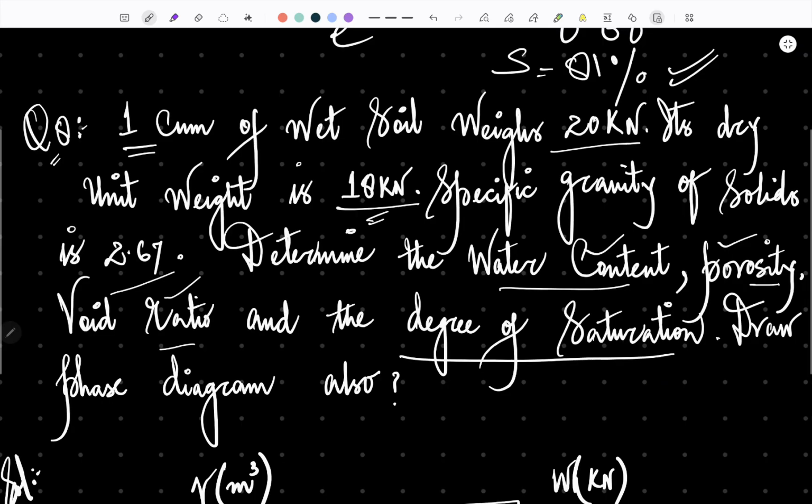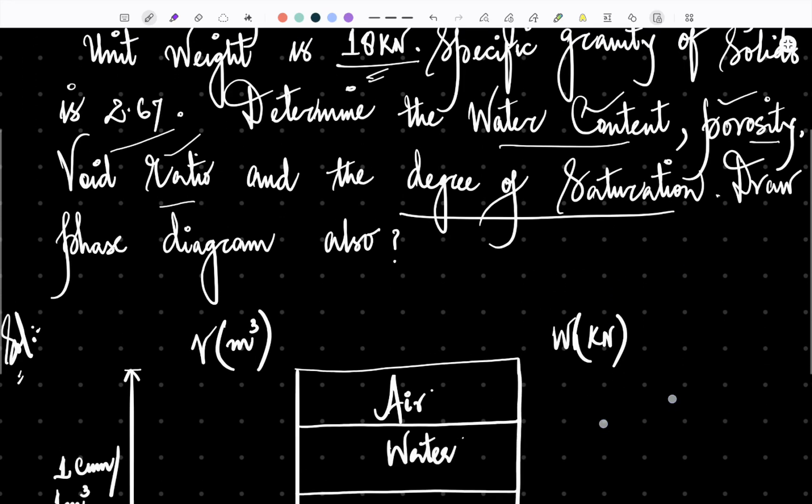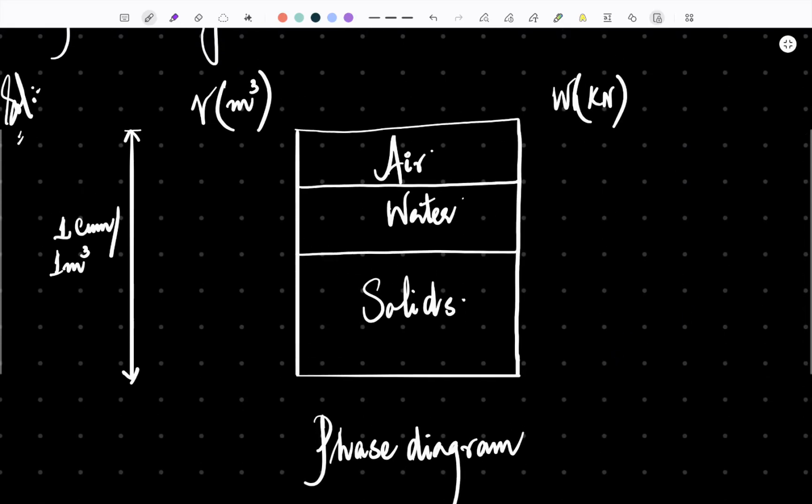It's also given 1 cume of wet soil weighs 20 kilonewtons. Weight is 20 kilonewtons. This is how we go on making phase diagrams. Once our phase diagram will be done, then it's quite easy to solve this question. So first we have to make the phase diagram. So volume is 1 cume or 1 cubic meter, and the weight is 20 kilonewtons.